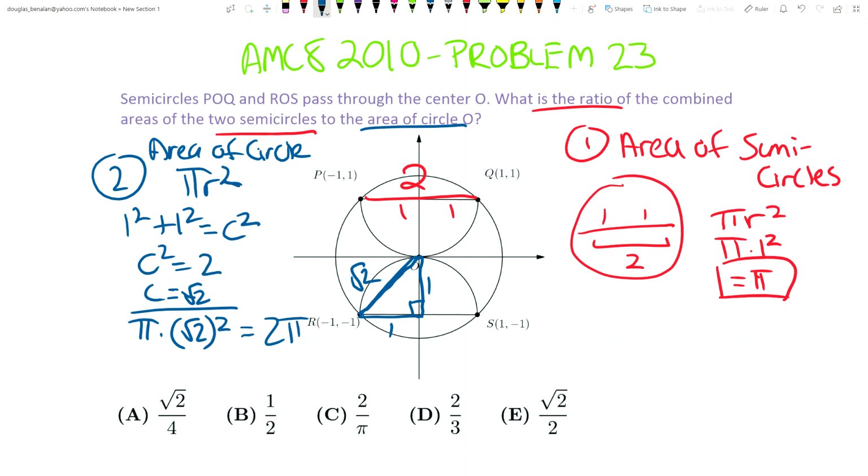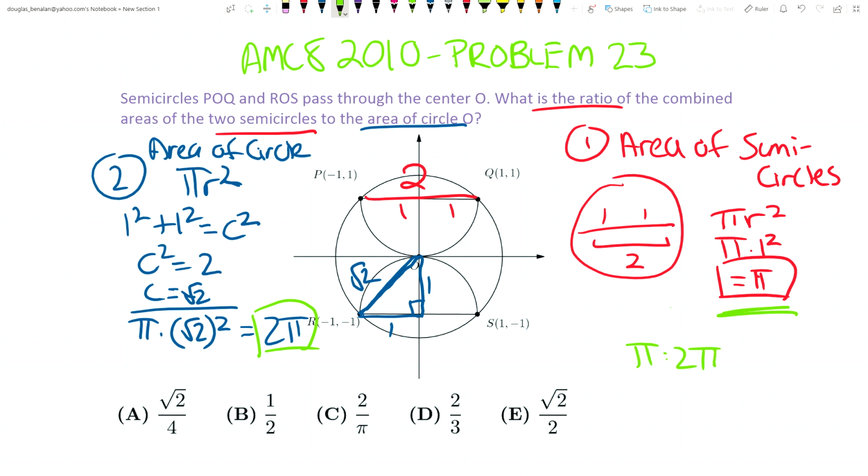So now I have to find the ratio of the two semicircles' area and the area of the circle. The area of the semicircles is pi, and the area of the circle is 2 pi, right?